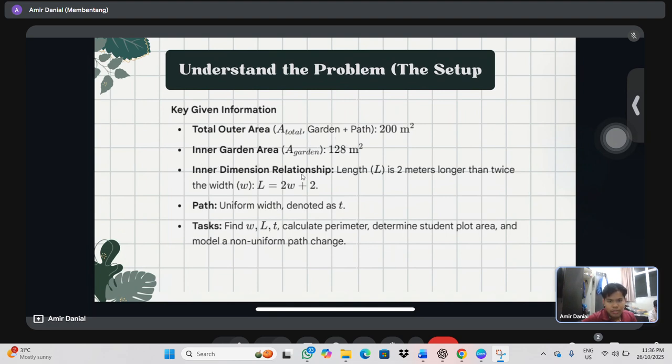Inner dimension relationship: L, which represents length, is 2 meters longer than twice the width, W, which represents width. So L equals 2W plus 2. The path's uniform width is denoted T. The task is to find W, L, T, calculate the perimeter, determine the student plot area, and model a non-uniform path change.